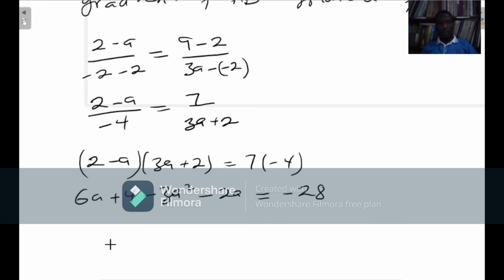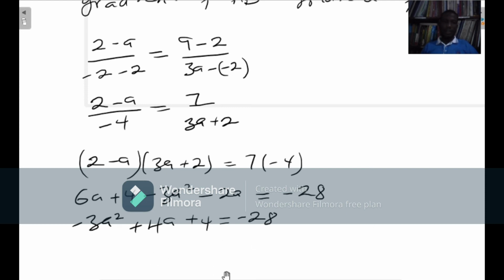By simplifying like terms, you are going to have -3a squared plus 4a plus 4 equals -28.